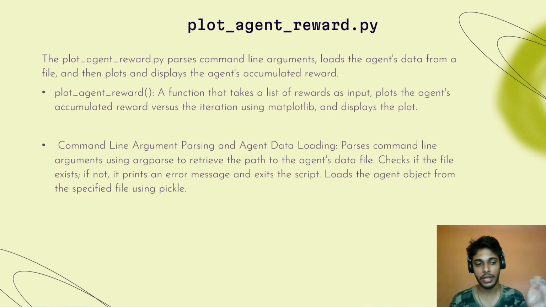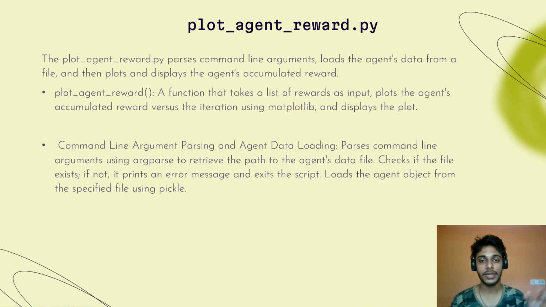There is also parsing command line arguments, and the main function of this is to create an argument parser object with a description. It also adds a required command line argument which specifies the path to the agent's data file.